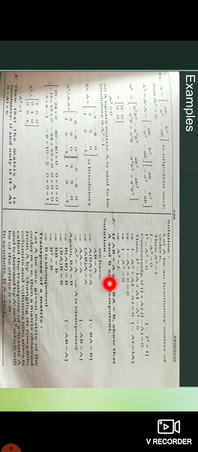That means AI is equal to IA. The solution is I minus A square is equal to 0 or A square is equal to I. That is the proof: first bracket I plus A, second bracket I minus A is equal to 0.